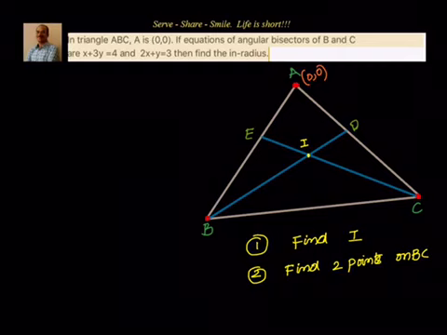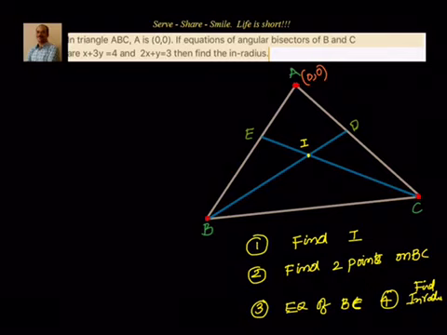Once I find the two points on BC, I can find the equation of BC. Once I find the equation of BC, I can easily find the inradius. So these are the steps we have to do.